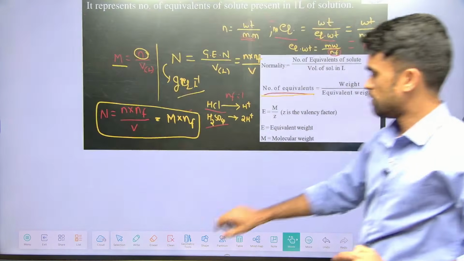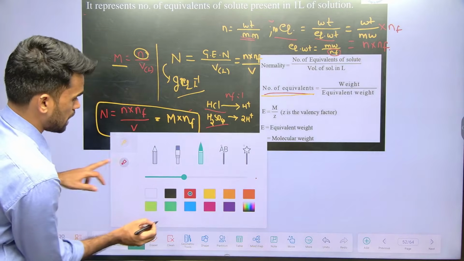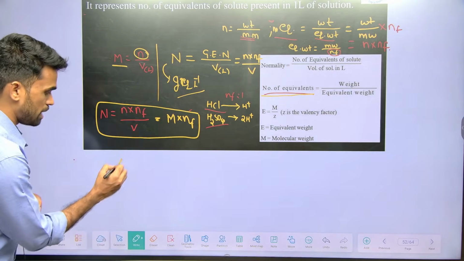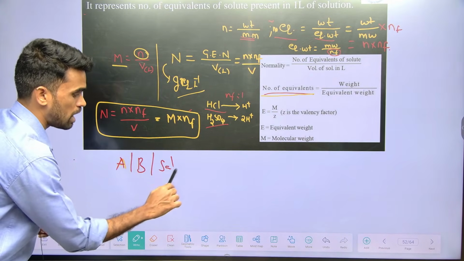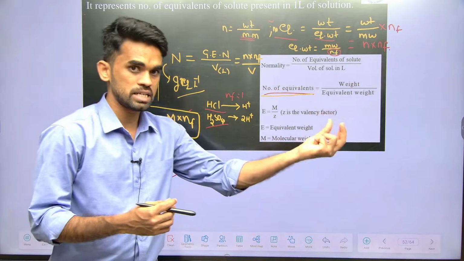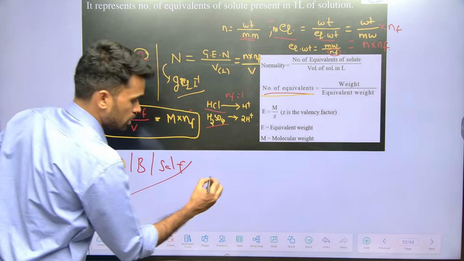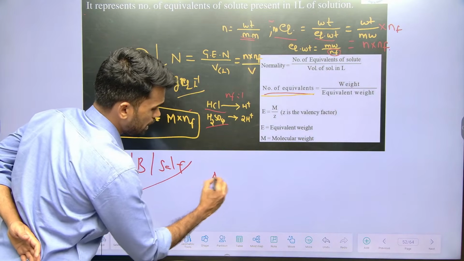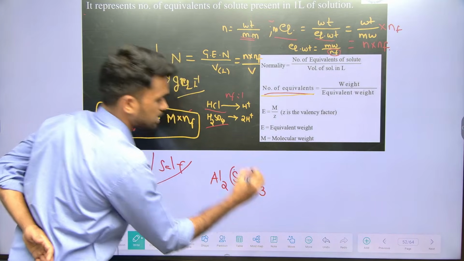I will tell you one generalized and tricky way to calculate n factor. Whether it is an acid, a base, or a salt, whatever it might be, you just take the total number of positive charges or the total number of negative charges. For example, Al2(SO4)3.